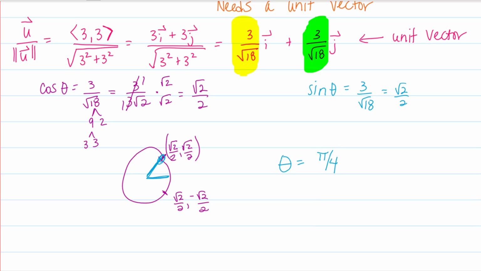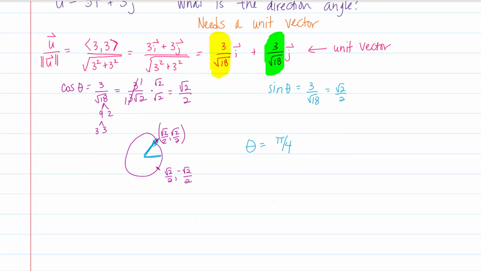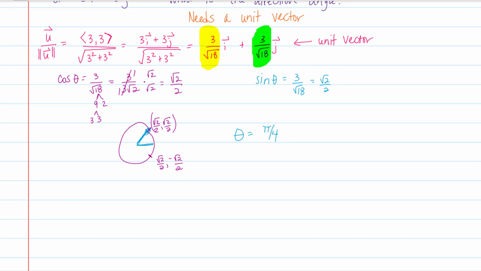Could I have done it in one step instead of in 2 steps? Yeah, you can. What trig function do we know that uses sine and cosine? We know tangent. So I could say tangent theta is, and then pull the sine value, 3 over the square root of 18, over the cosine value, which is 1.